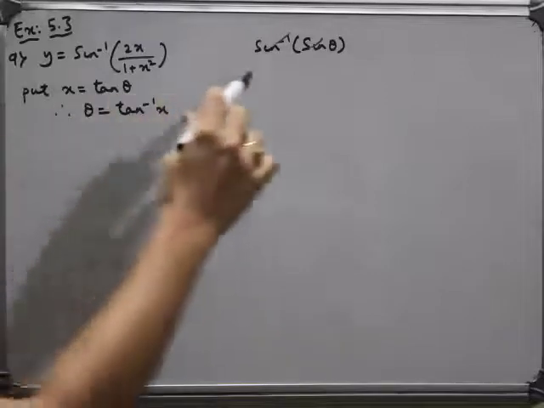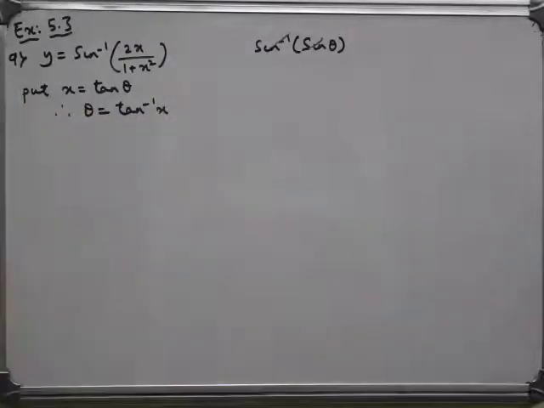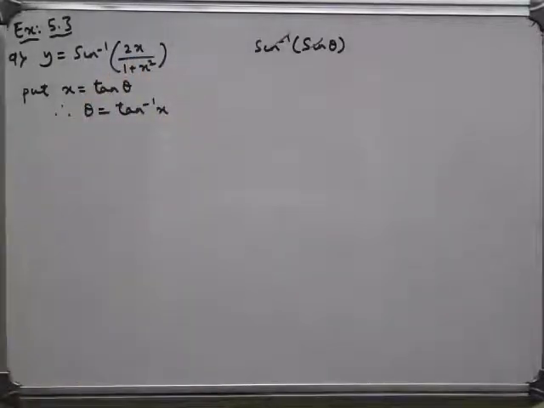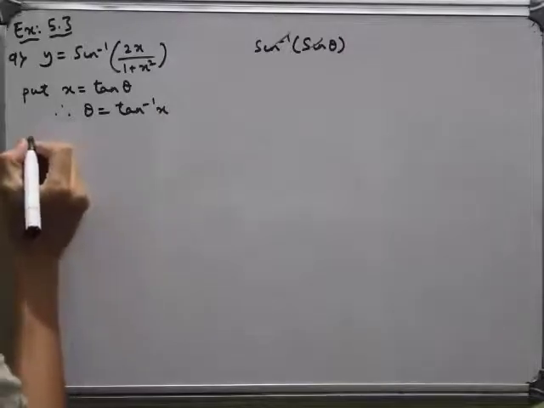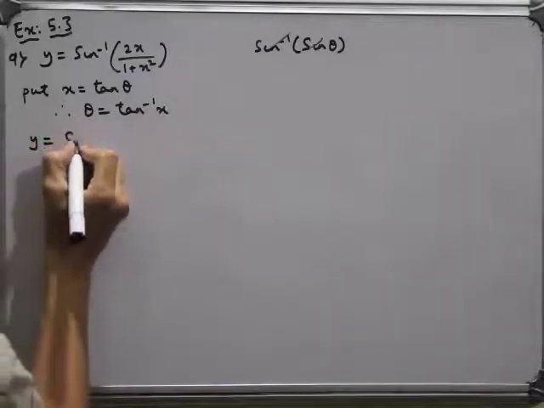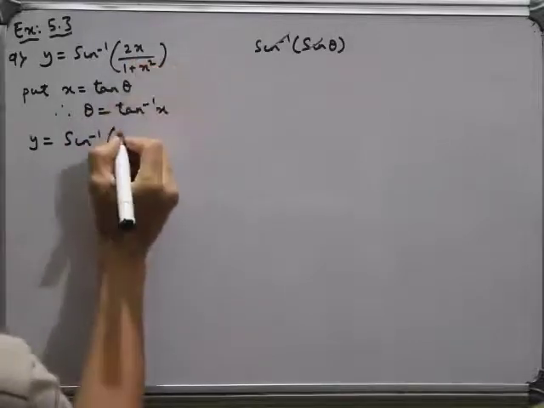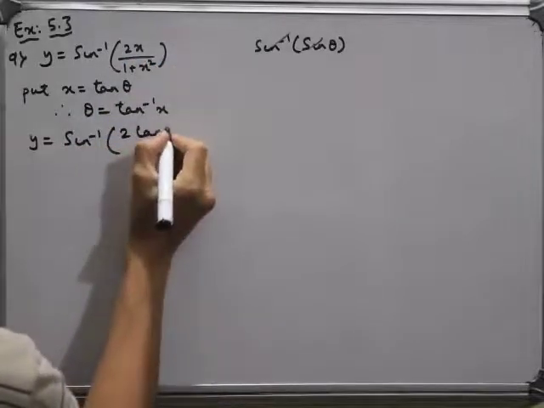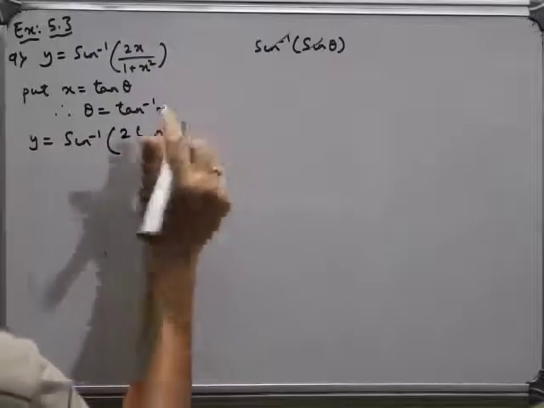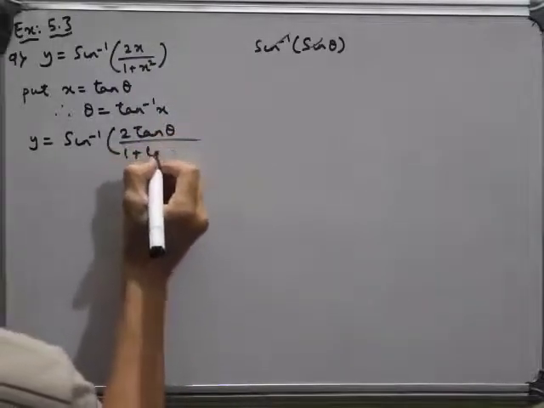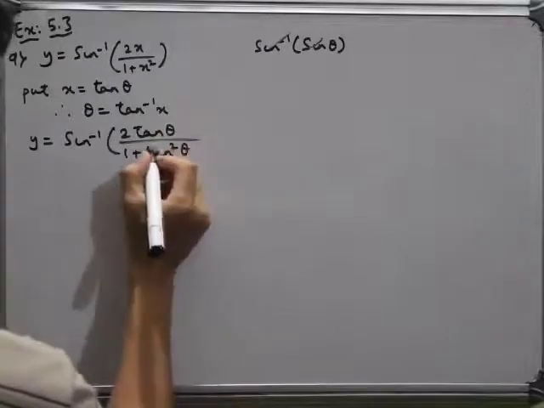Now to get sin 2 theta, I have put x equal to tan theta. So now substitute wherever there is x, put the value tan theta. So y is equal to sin inverse of 2 tan theta divided by 1 plus tan square theta.